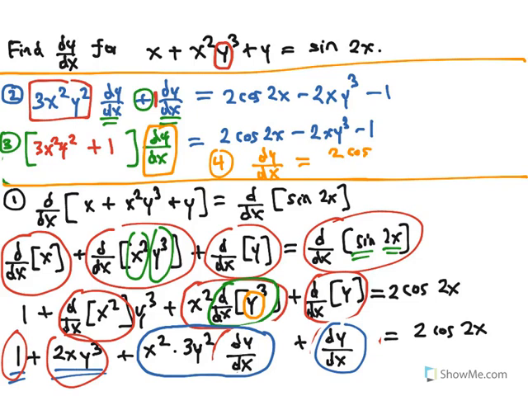So I already have 2 cosine 2x minus 2xy cubed minus 1 on the right side. And now I will divide that by 3x squared y squared plus 1 from the left side of the equation. And that is my final answer.